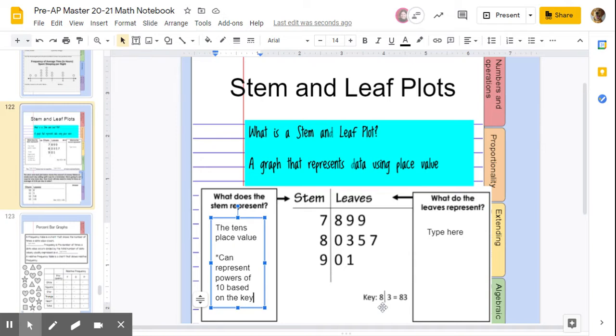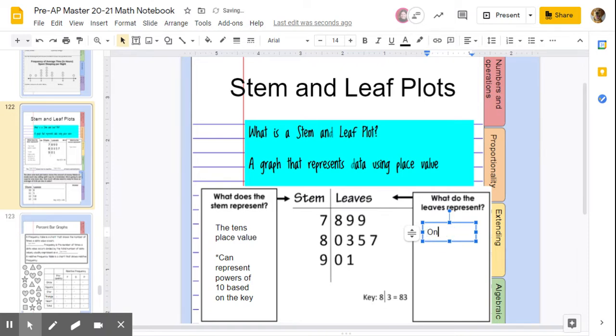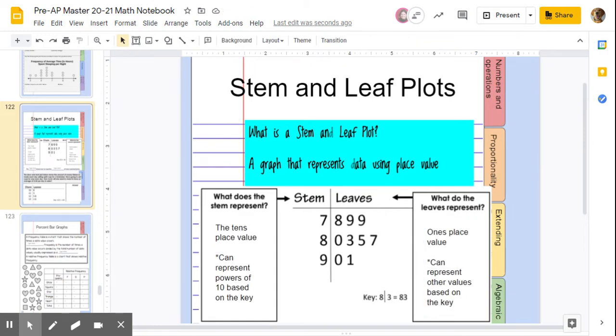So that tells us that the 8 is representing 80, and then the 3 is our leaves, and our leaves are representing our ones place value. And again, just like our tens, it can represent other values using the key. Typically, the stem will represent the tens place value, and the leaves will represent the ones place value in almost all of the ones that you guys will see and work with.